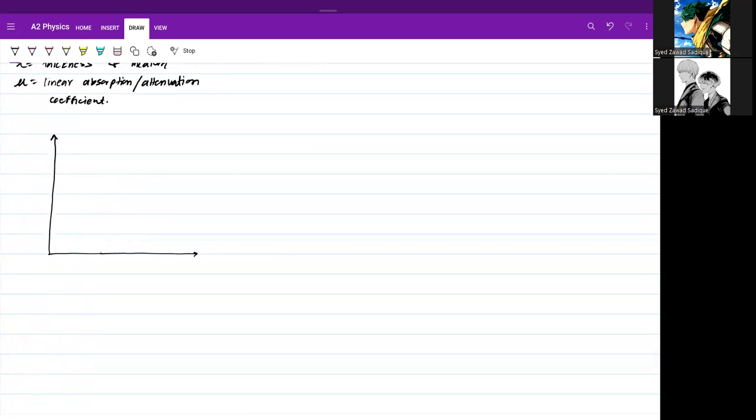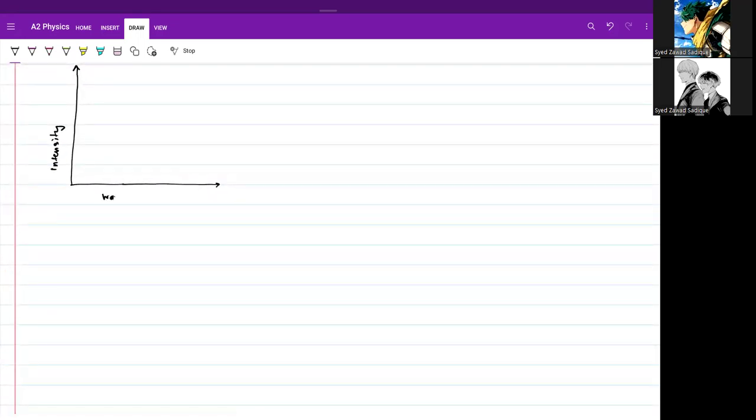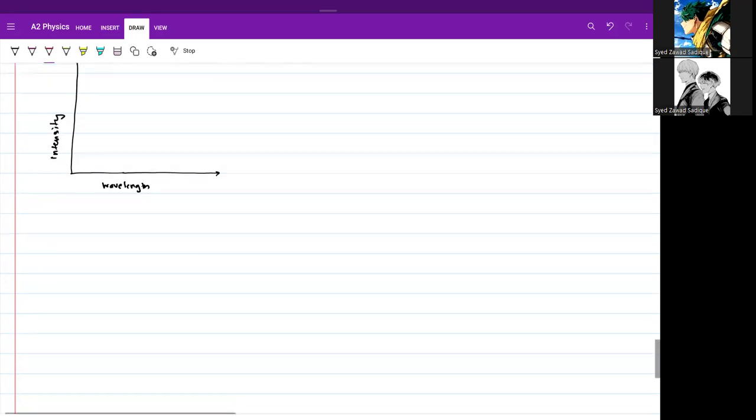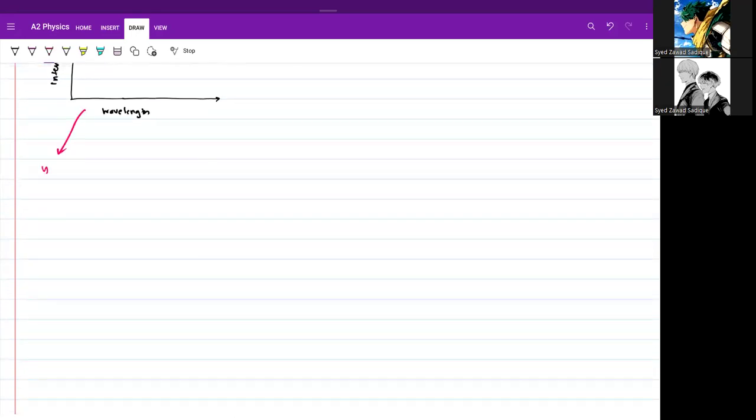This side you have intensity, and this side you have wavelength or frequency. You might have either depending on the question. Usually we have wavelength, but remember you can also have frequency.